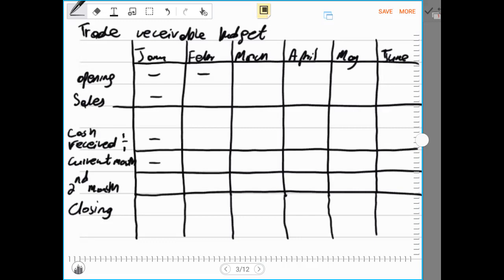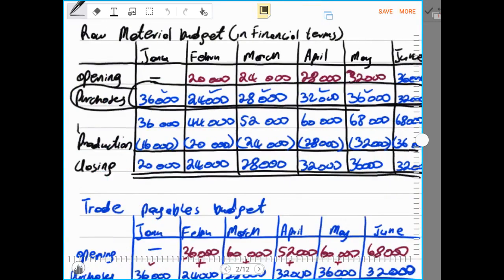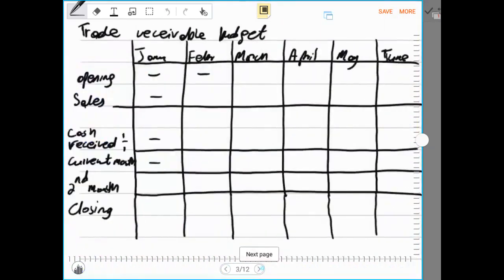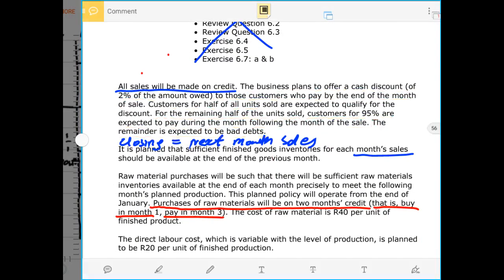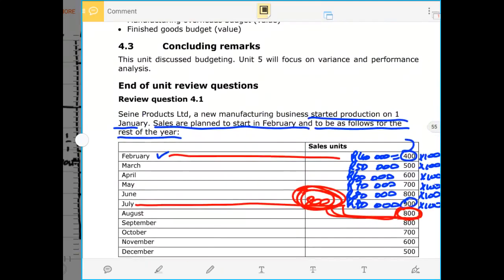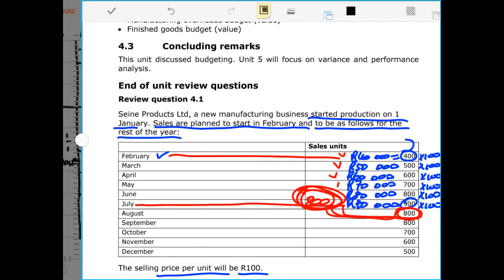And I was still busy showing you that our sales started only in the month of February. We said that our sales that started in February, we have recorded them, and those sales appear here. In February it is 40,000, 50,000, 60,000, 70,000, 80,000, and 90,000.